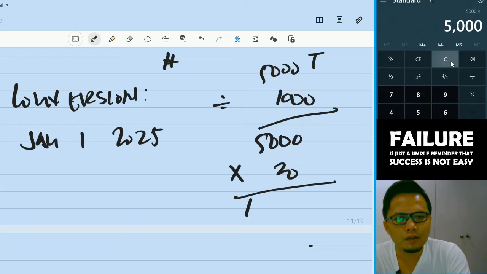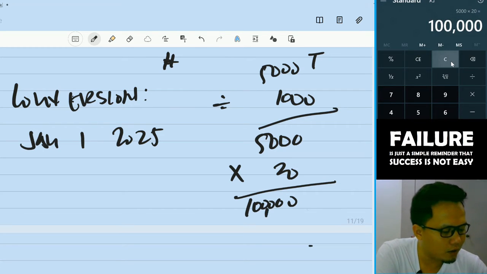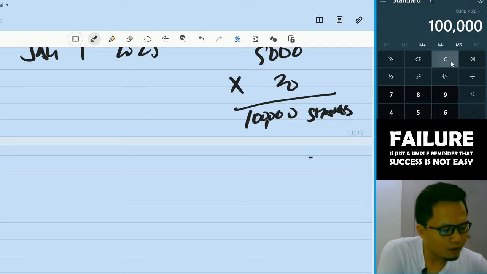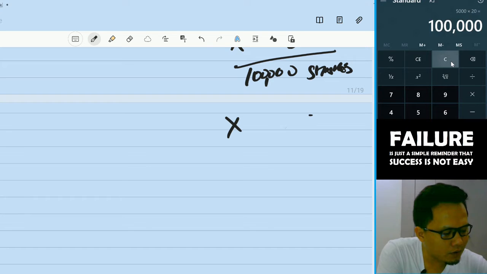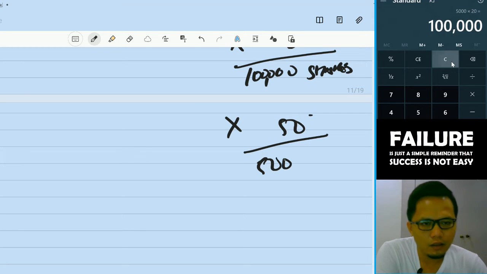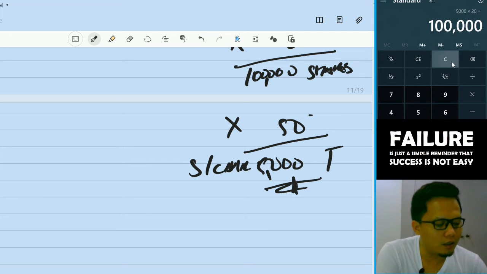Computed as 5,000 times 20, so that is 100,000 shares. Diba? This is on the date of maturity, ha? So, multiplied by the par value, the total amount of the share capital converted is 5 million. Okay? Share capital, that is 5 million.